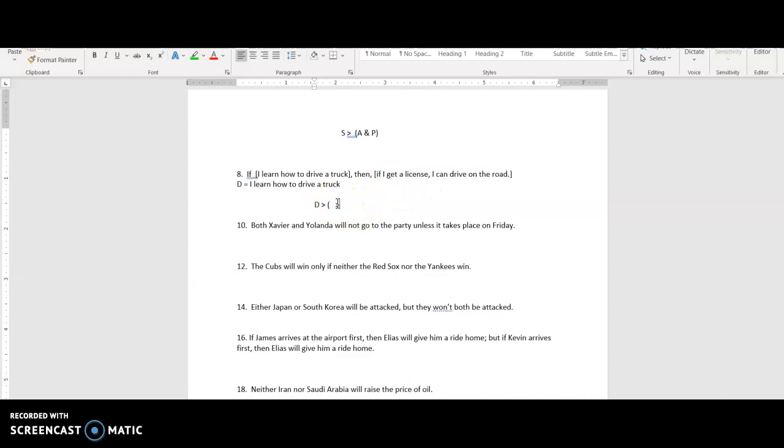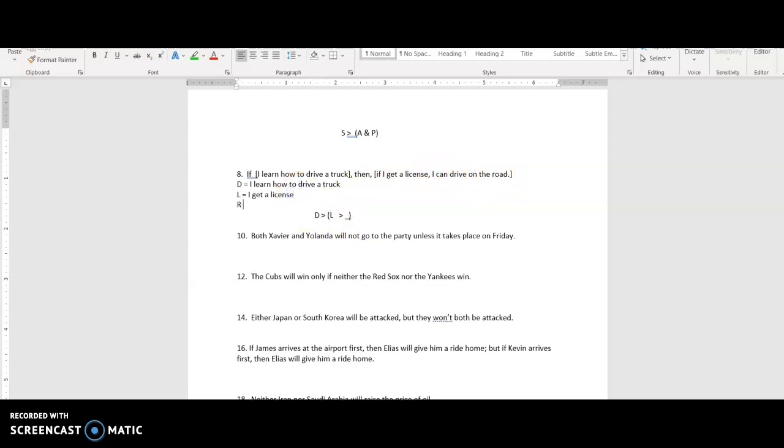So our consequent is going to have this form, because it too is an if-then sentence. So what's the antecedent? I get a license. Call that L. I get a license. I can drive on the road. Let's call it R. And so that's going to go here.